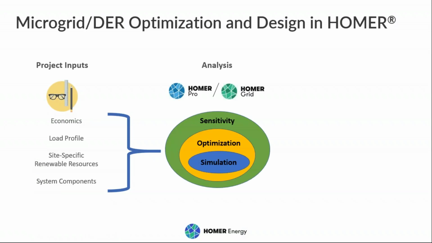HOMER then steps through the three nested processes I talked about in the last slide: simulation, optimization, and sensitivity, and then it provides detailed results not only on the economics of the system, but also on exactly what's going on literally in every hour if that's what you need to know.